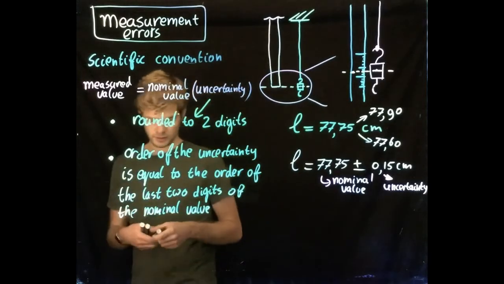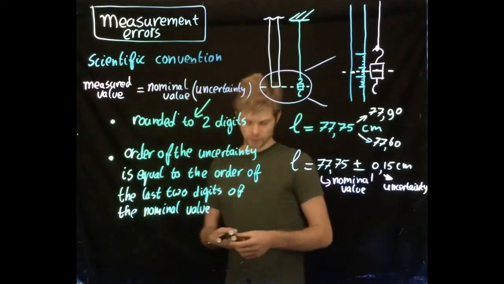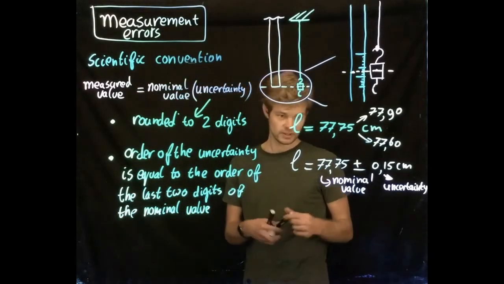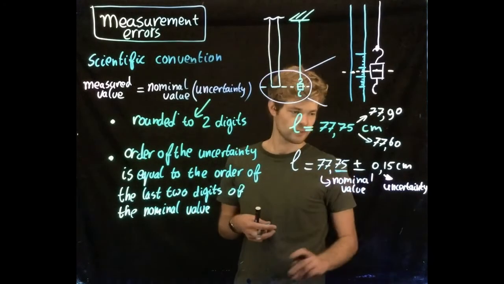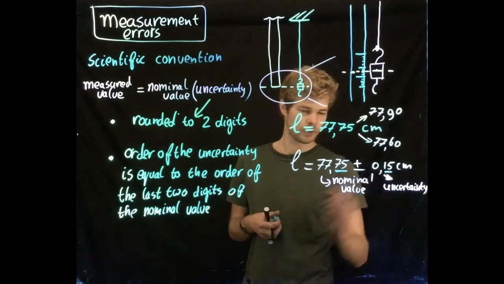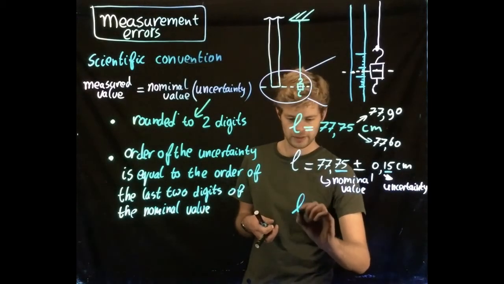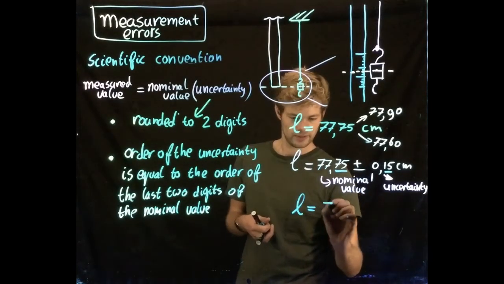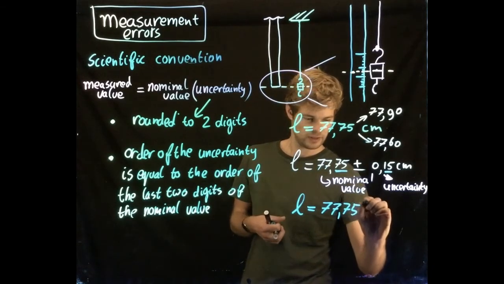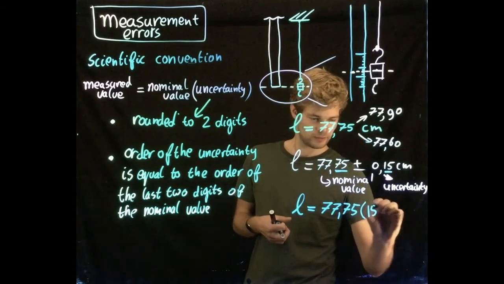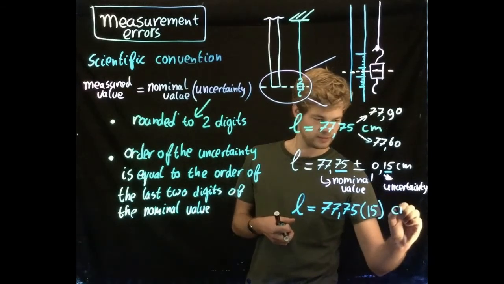In this case, it's pretty easy. These are the last 2 digits of my nominal value, and this is my uncertainty. So my length will become 77.75, and in between brackets 15 centimeters.